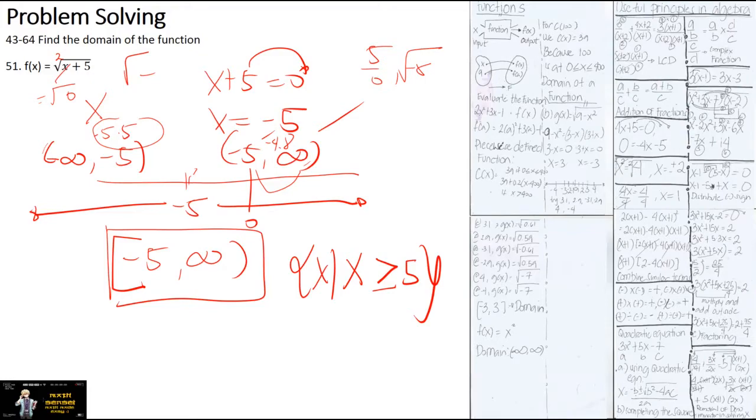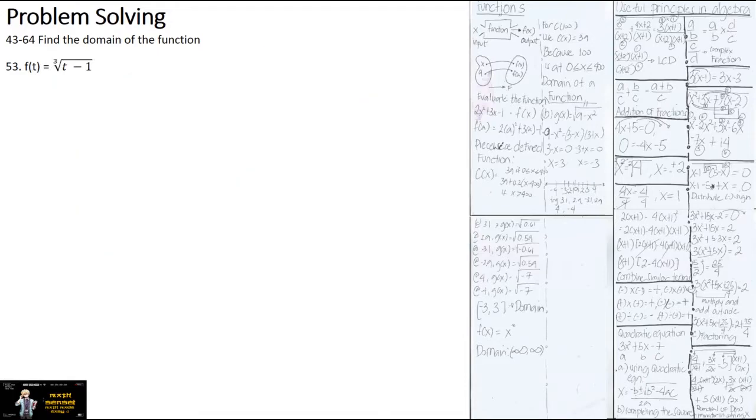Okay, so yan. So ito, sabi ko, ang medyo meron tayong constraint yung mga square root, fourth root. Pero ito kasi cube root. Alam mo kung bakit? Ano yung cube root ng 8? That's 2 times 2 times 2, no?